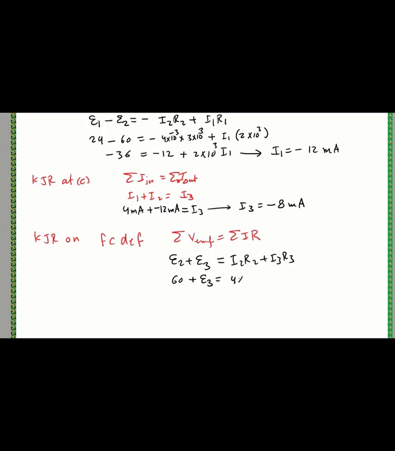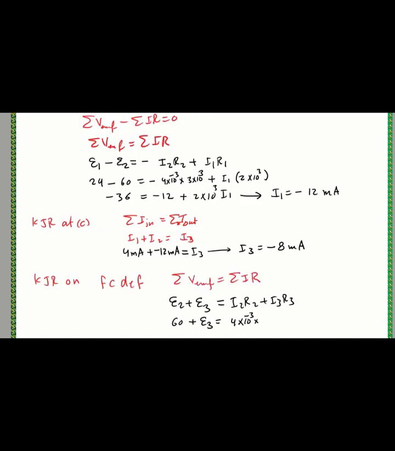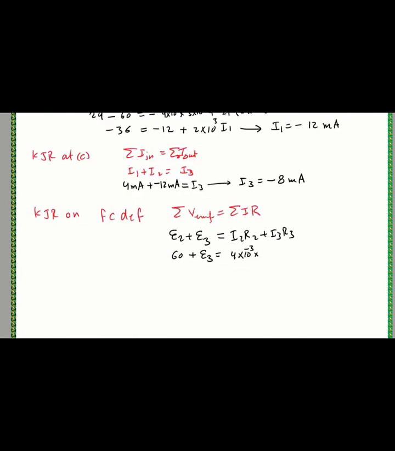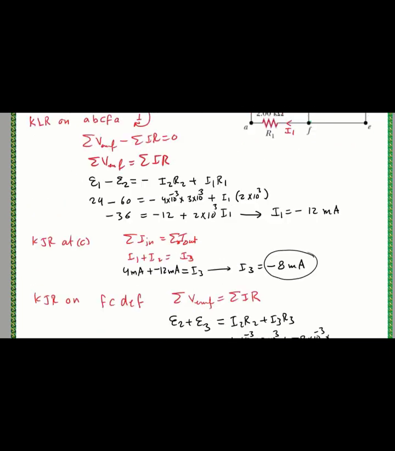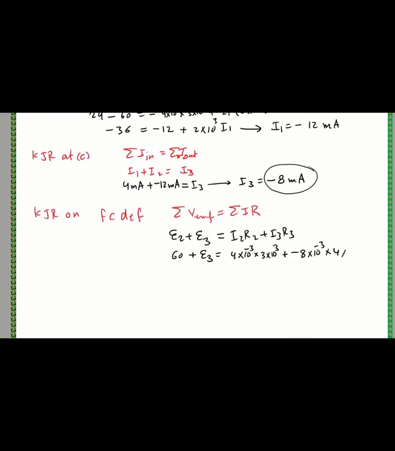I2 is 4 milliampere, so 4 times 10 to the minus 3, R2 is 3 kilo ohm, so 3 times 10 to the 3, plus I3, I have it here with its sign, minus 8 milliampere, times R3, it is 4 kilo ohm. 60 plus epsilon 3 equals 4 times 3, 12, minus 8 times 4, minus 32.